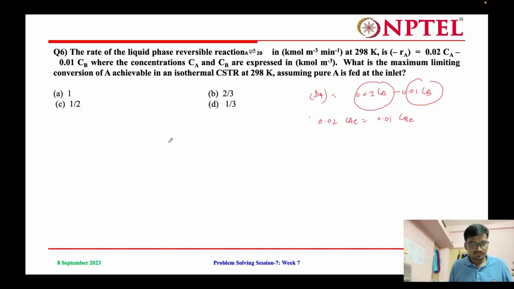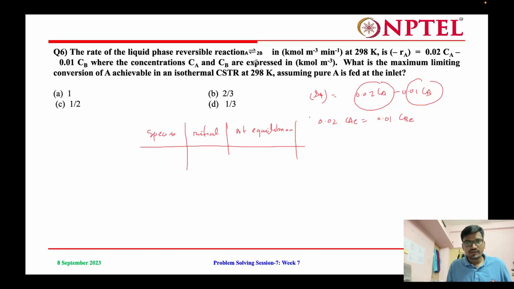Now, initially at equilibrium, here are species A and B. Initially 1 mole, pure A, and B is 0.